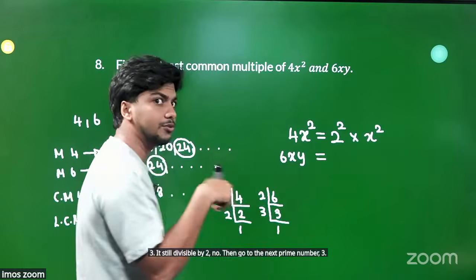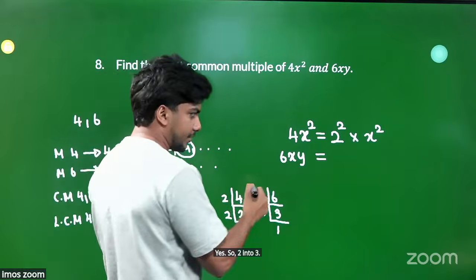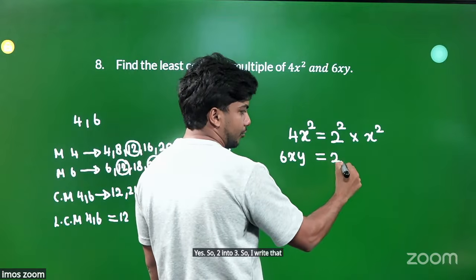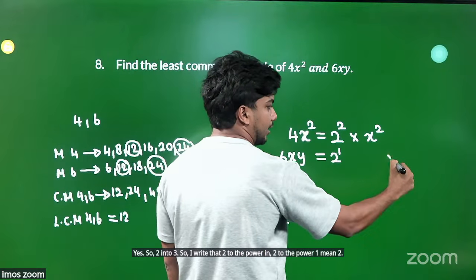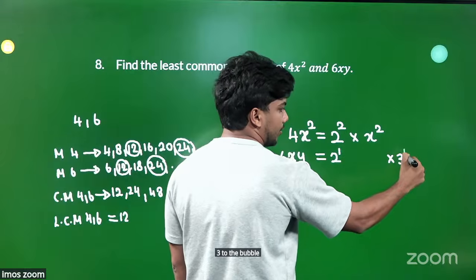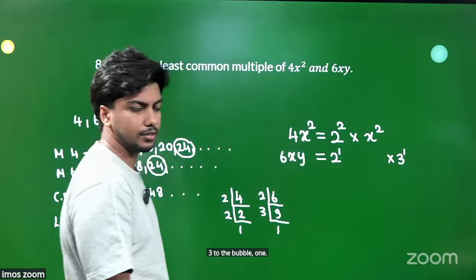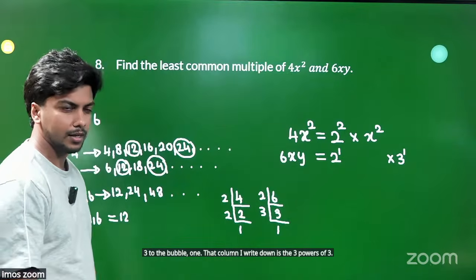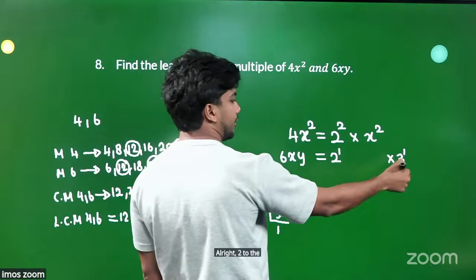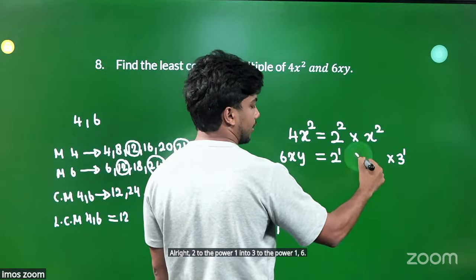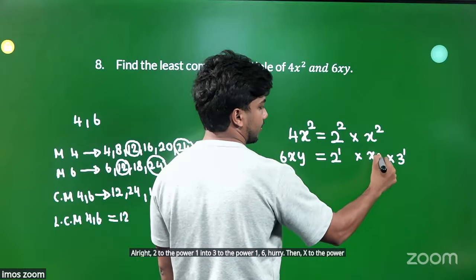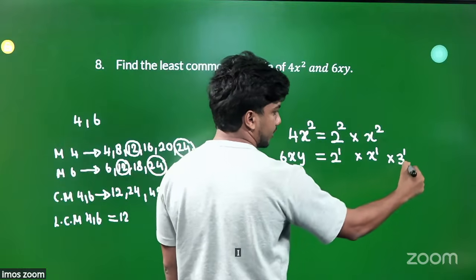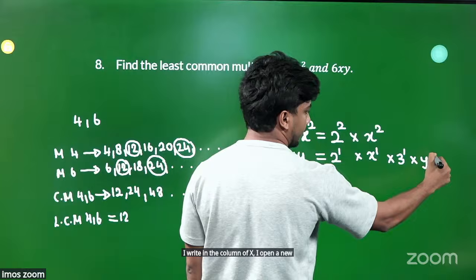So 2 into 3, which I write as 2 to the power 1 into 3 to the power 1. I open a column for the powers of 3. Then x to the power 1 goes in the column of x, and I open a new column for y to the power 1.